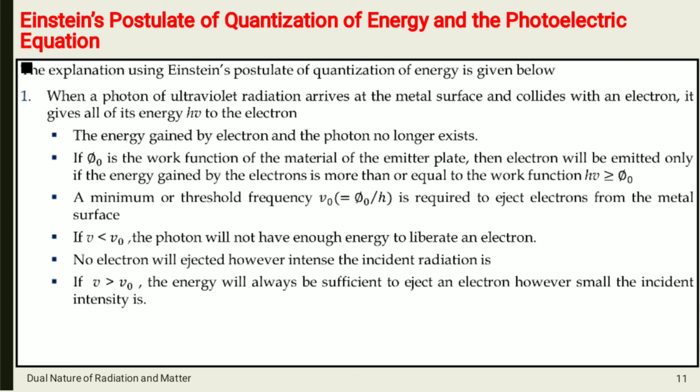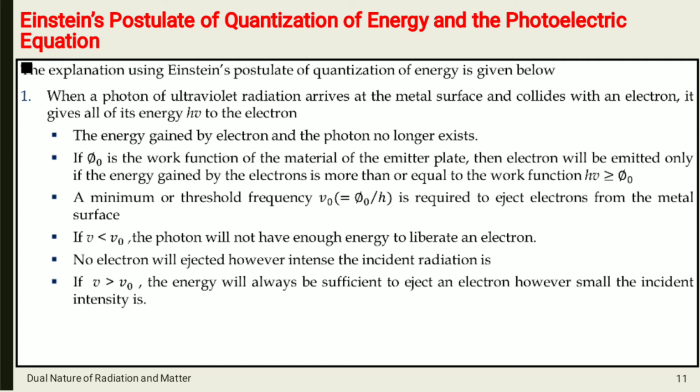The minimum amount of energy provided to the electrons in the metal surface to eject from that metal surface. So h nu is what? Energy. If energy is greater than or equal to work function, then and only then the metal will emit electrons.